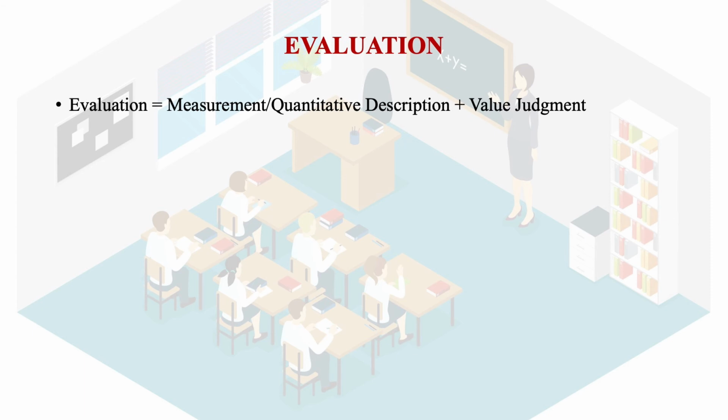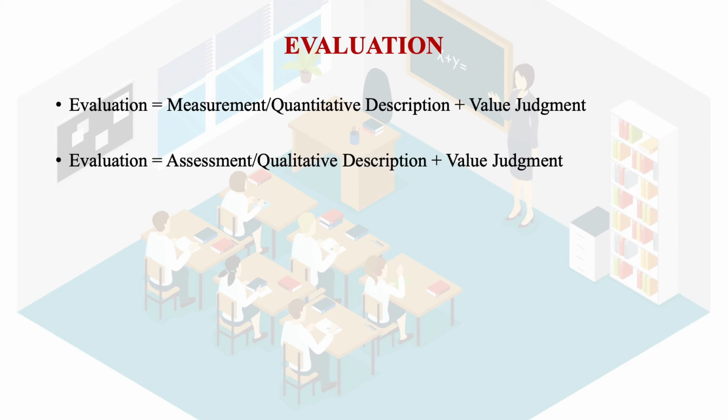Just like here you see, evaluation is measurement, that is quantitative description, plus value judgment, and the second concept of evaluation is assessment, or qualitative description plus value judgment, and for the third, evaluation is measurement plus assessment plus value judgment, which I have already discussed in the figure.